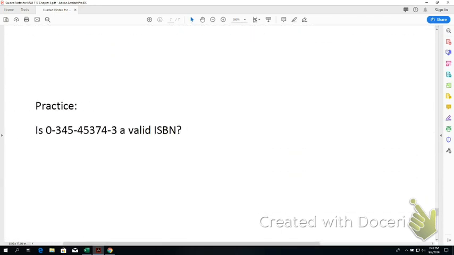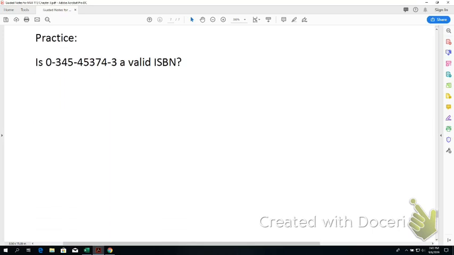Suppose, is this a valid ISBN? What I like to do for this problem is label my digits, 1, 2, 3, 4, 5, 6, 7, 8, 9, and this is the 10th one.